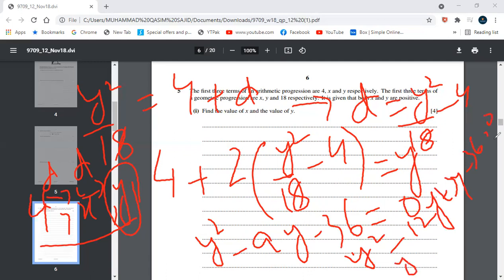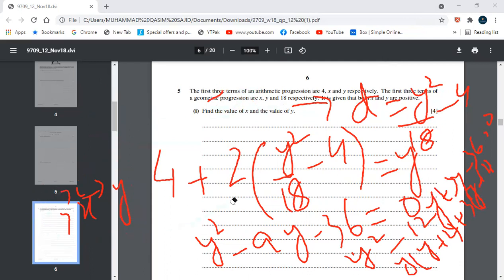Taking y as common here, so y minus 12 plus 3, taking common, so y minus 12. So the two factors are y minus 12 and y plus 3.